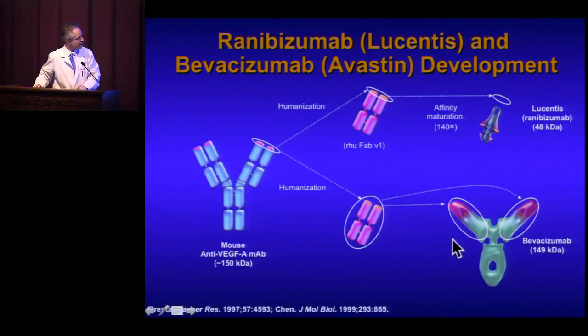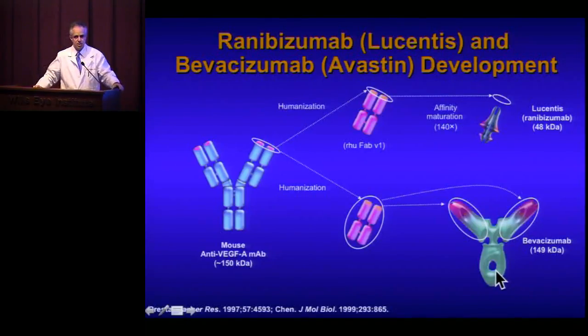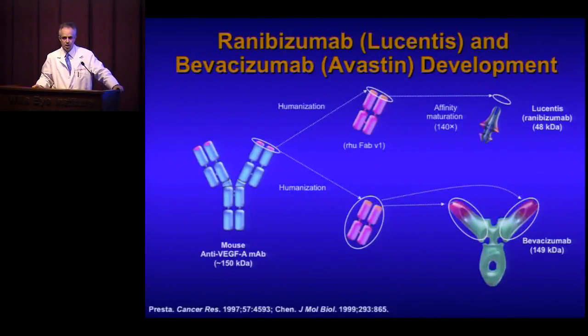And then there's the humanized monoclonal full-length antibody bevacizumab or Avastin, which Genentech tested and marketed and got FDA approved as an intravenous drug for the treatment of certain cancers in combination with chemotherapy. So they were developed simultaneously, and they came out actually around the same time, but Avastin came out a little bit sooner.